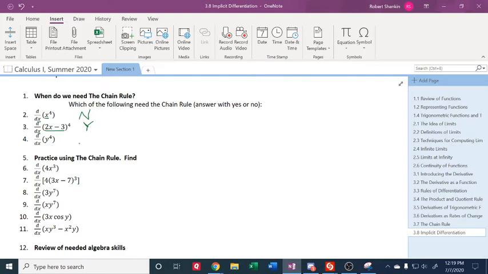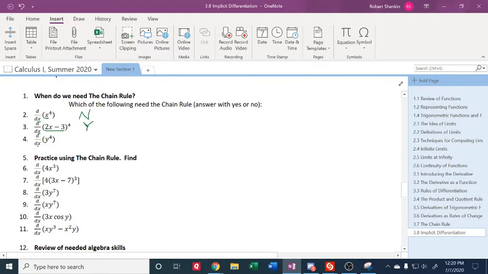Do we need the chain rule for this? For what I've just stated so far, anybody want to tell me? Does anyone feel strongly one way or the other? I think you would use the chain rule because you're taking the derivative with respect to x and you have a y here.